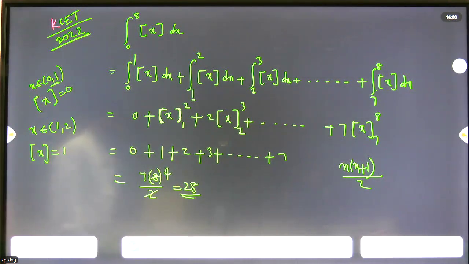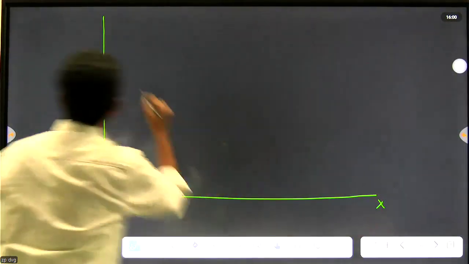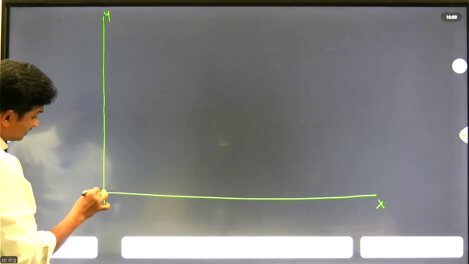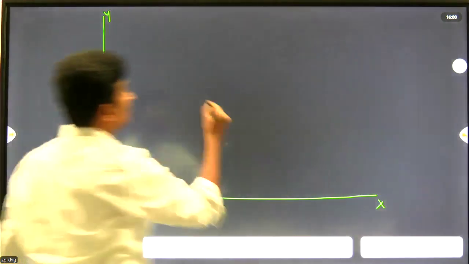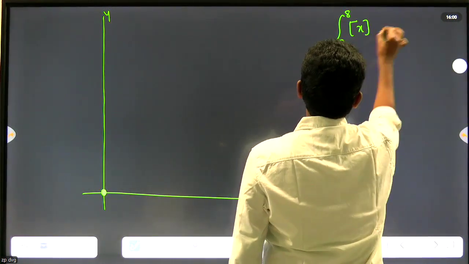If you want to know the graph method, yes, I'll explain quickly. Graph method: x-axis, y-axis. You must be good at this graph of step x from 0 to 8. In the question, they gave integral of 0 to 8 step x dx.